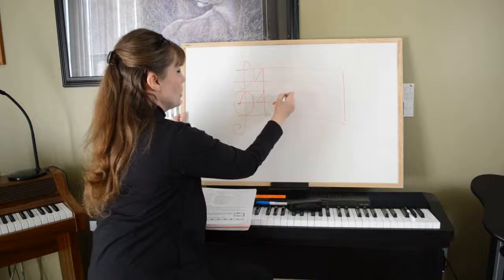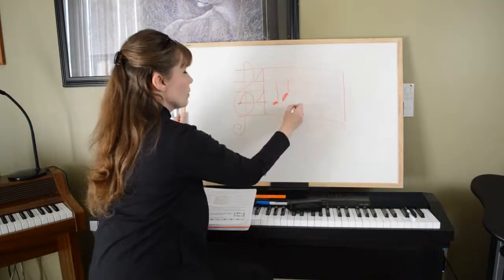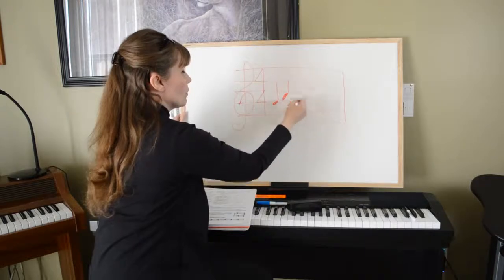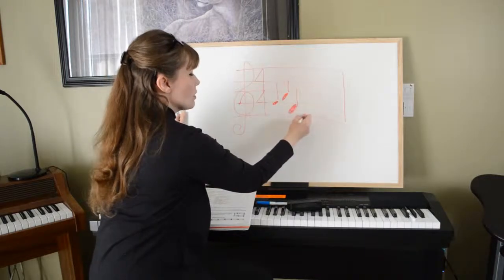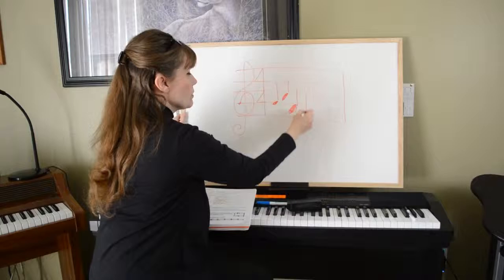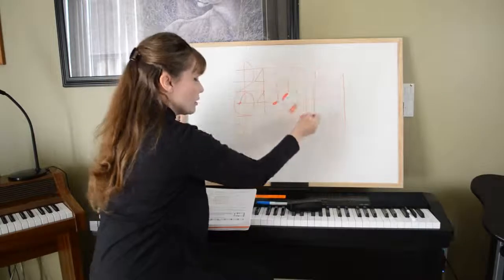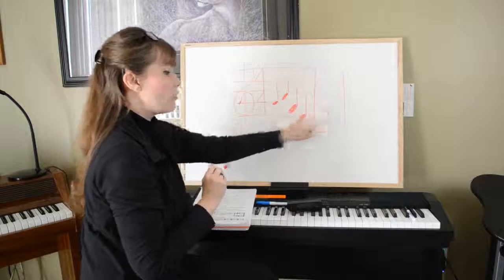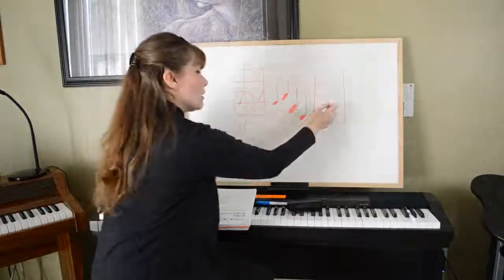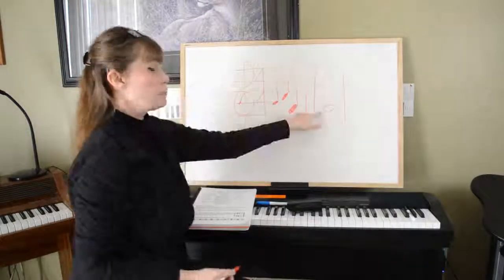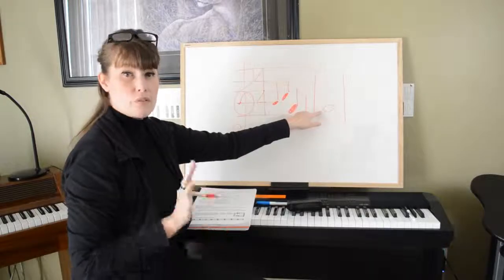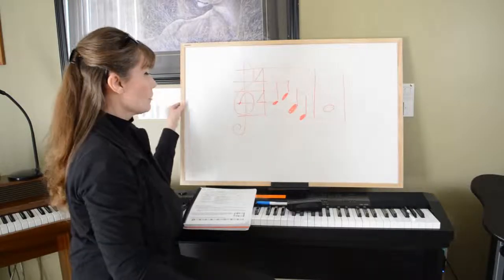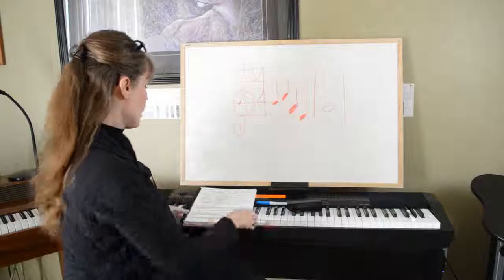So we can have 1 quarter, 2 quarters, 3 quarters, and 4 quarters. And then I would do my bar line, beats 1, 2, 3, and 4. Now I need 4 beats for that measure, and I can simply do a whole note because whole notes have 4 quarter notes in them. So that's another simple time.